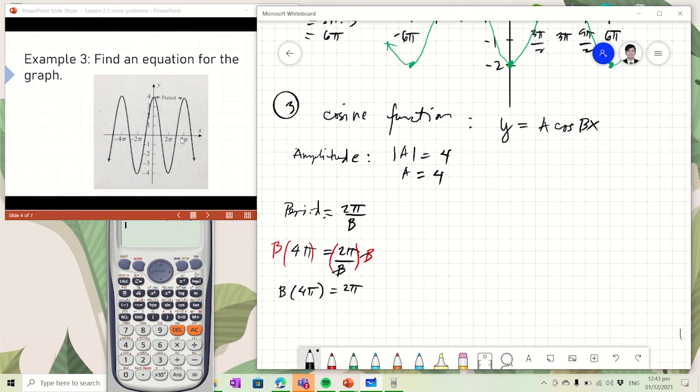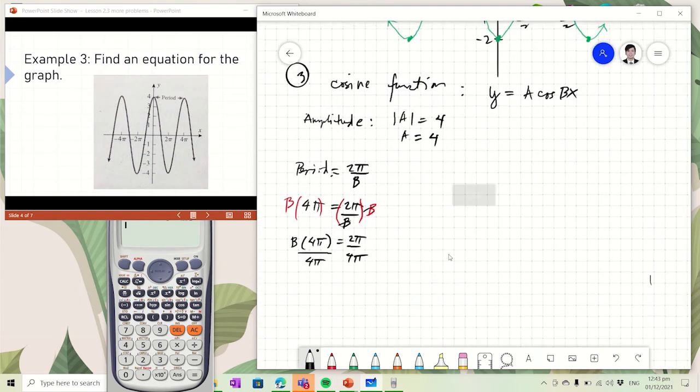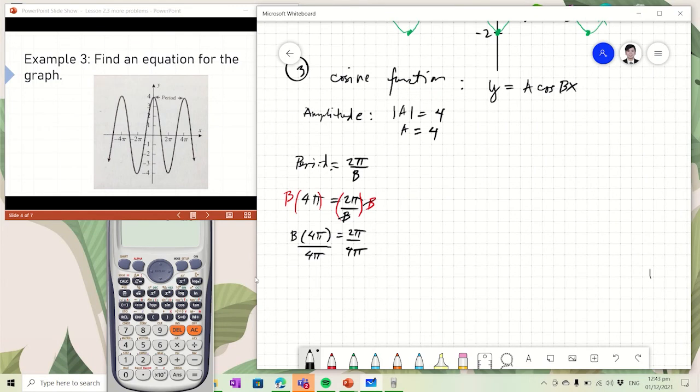Kasi makakancel out na yung b. Then, we divide both sides by 4 pi. And then, b is equal to 2/4 is 1/2. Makakancel out pala yung pi natin. So 2/4 is just 1/2.